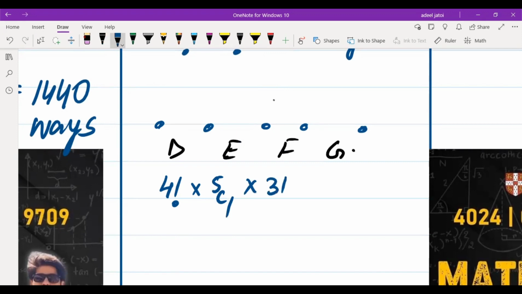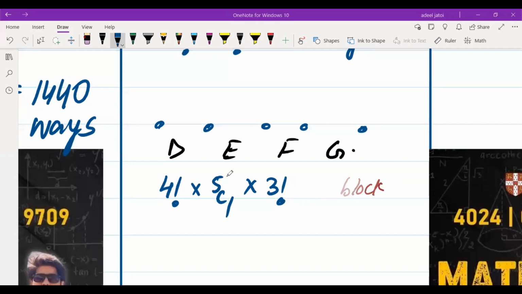And then we will be applying 3 factorial for the alphabet movement inside the block. So you need to understand this 3 factorial is for the alphabet movement inside the block, right?